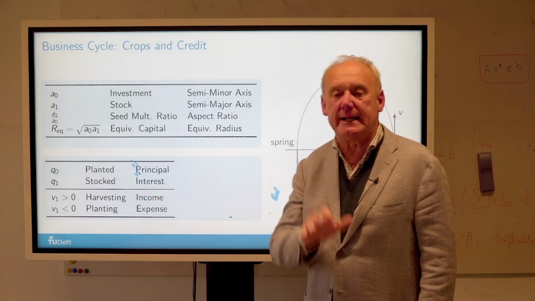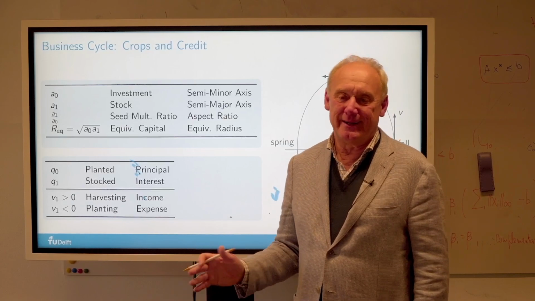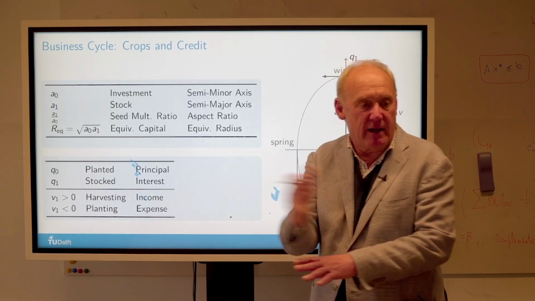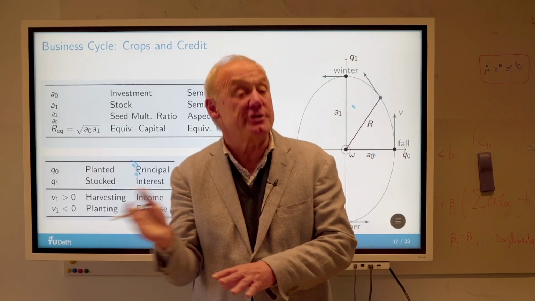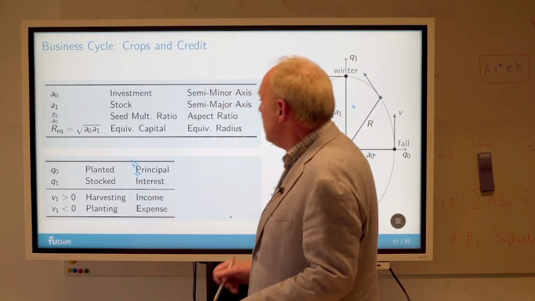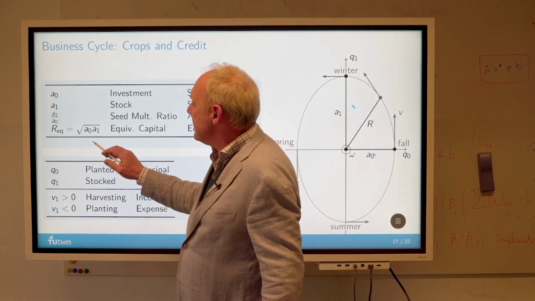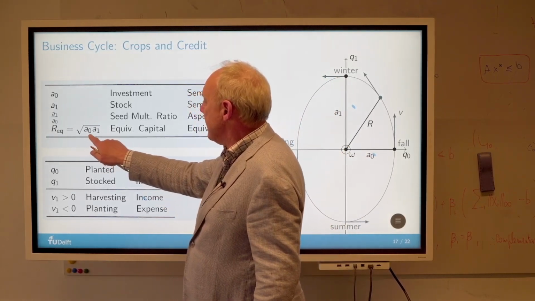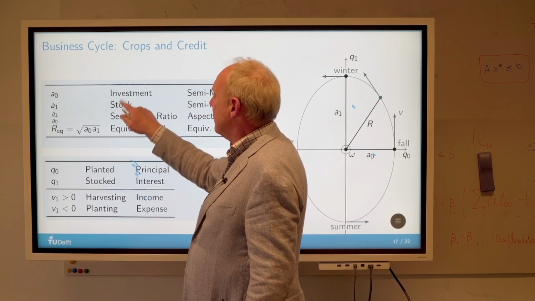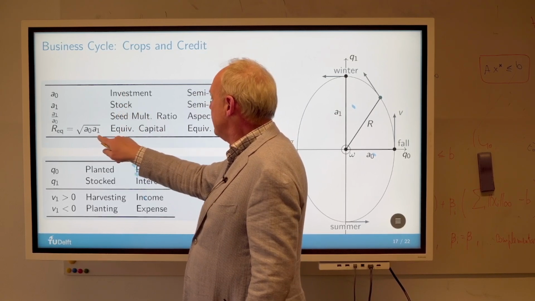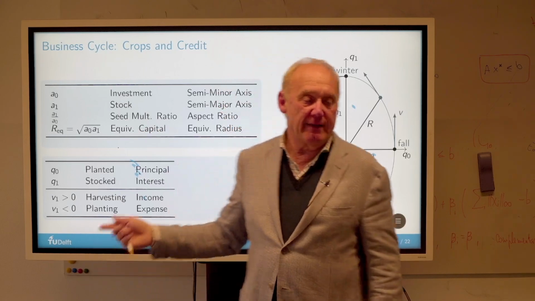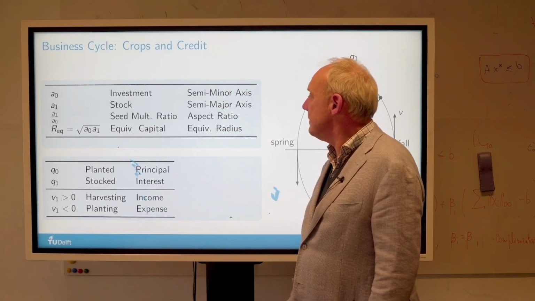I will show later why that is a good choice, because you will see that the price goes by how much area is being swept out. As you know, the angular momentum is like that, all right? So if you do that, you can take the geometric average of the two, your investment and your stock, and that's your equivalent capital, as it were, and that's called the equivalent radius.